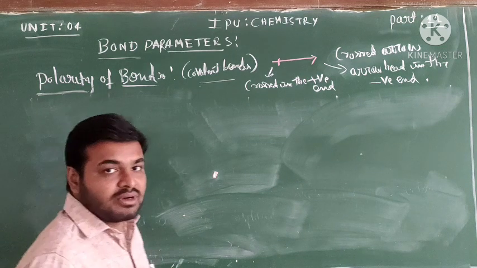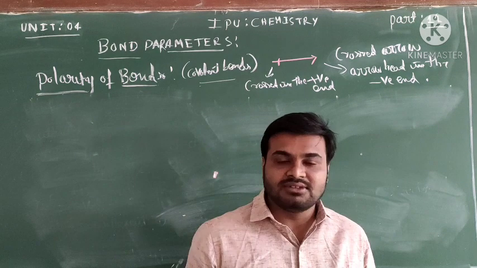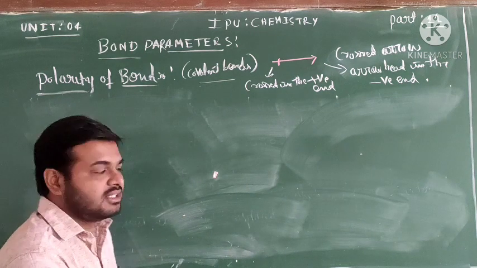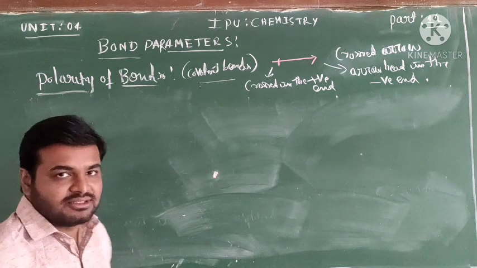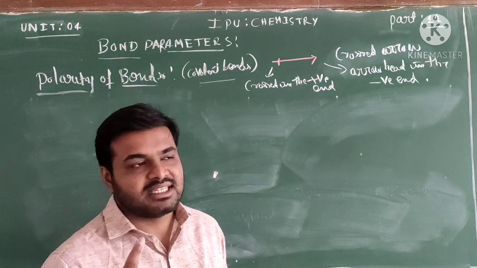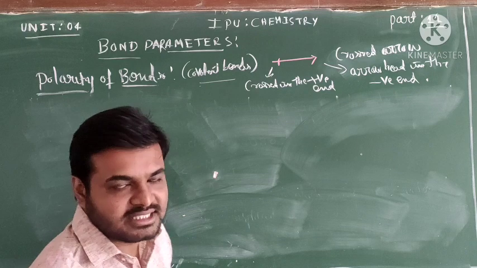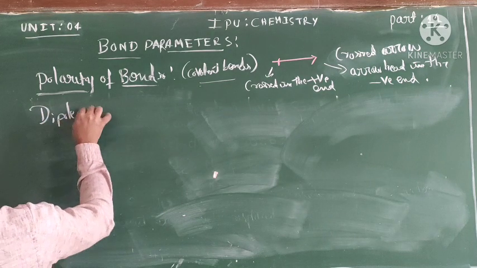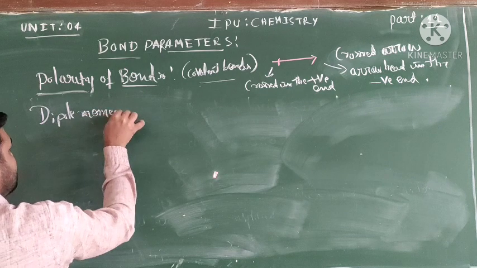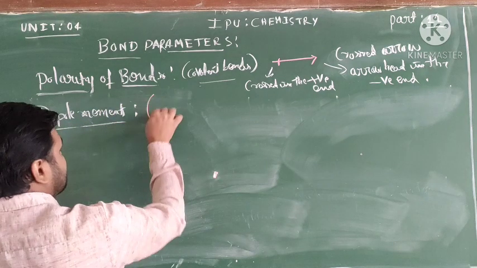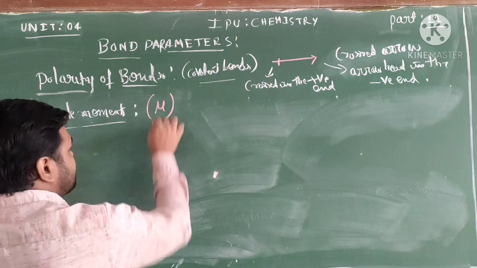Only polar covalent bond molecules will give polarity, because of different electronegativity they get the values. The values are calculated using the dipole moment. The dipole moment is a vector quantity, symbolically mu.